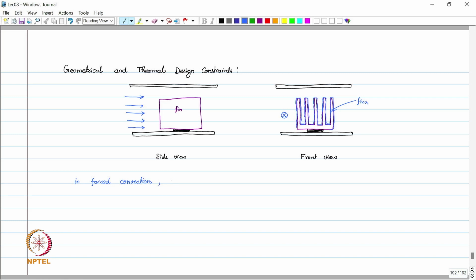where we are forcing air through the fins, the critical parameters for heat sink design include upstream air temperature, which is, let's say, TA, and the velocity.